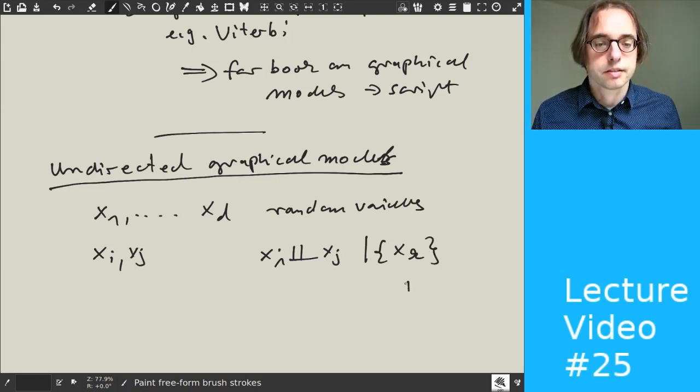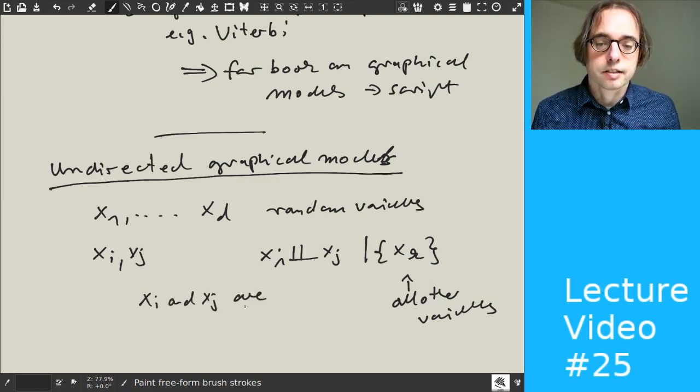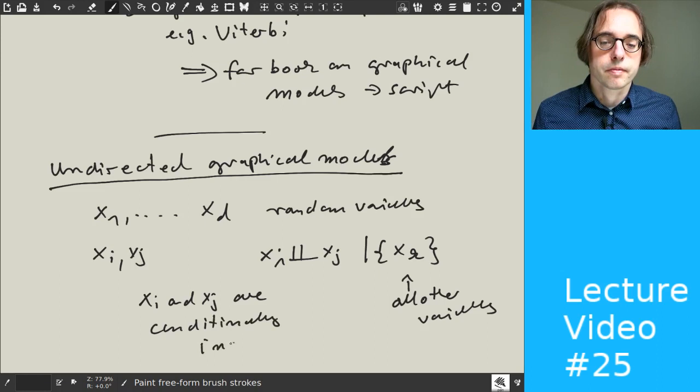So xi and xj are conditionally independent given xk. So this is what this means.